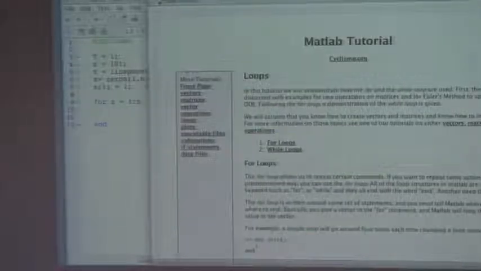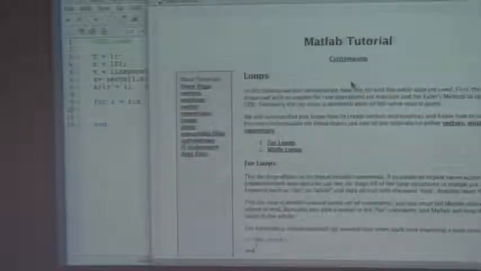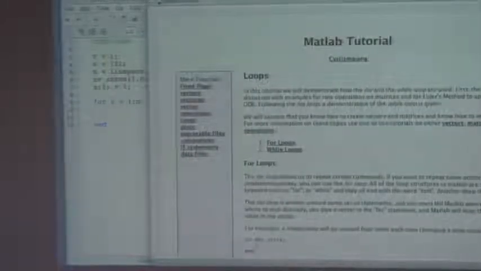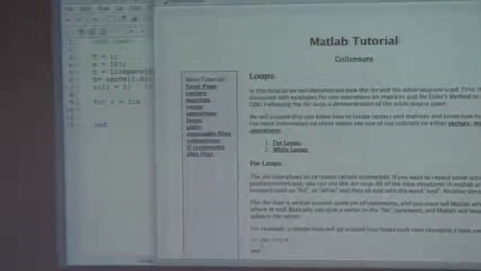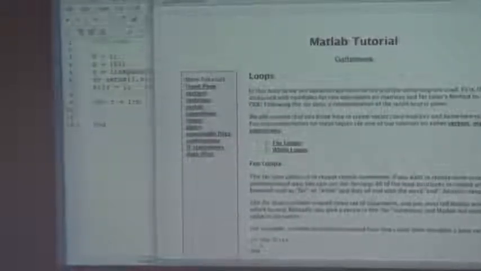You read this through, and for example, one of the examples happens to be how to solve differential equations in MATLAB using loops. So it's all set up for you, and you can probably find 20 other tutorials on loops on the internet.